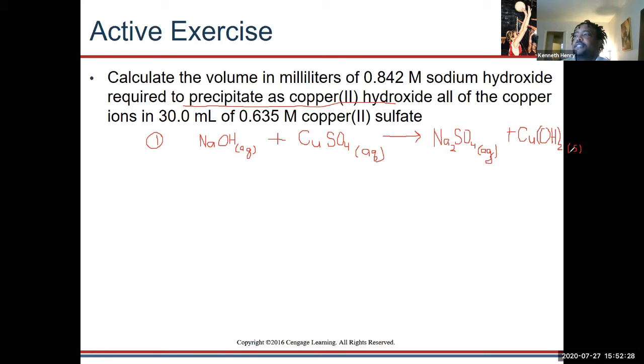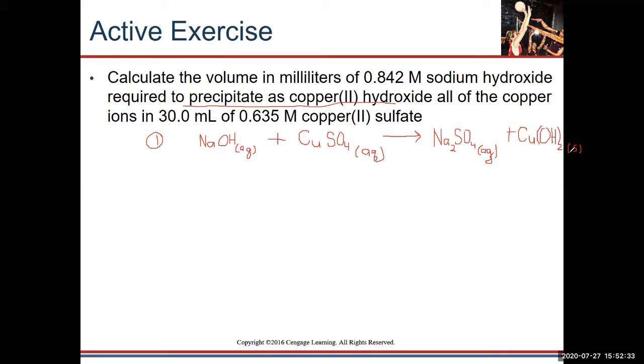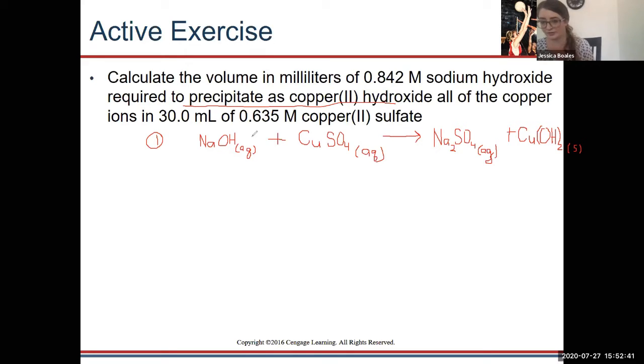Okay. Is it balanced? No. Okay. What do I need to do to balance? Put a 2 in front of NaOH. Okay. Balanced now? Okay.